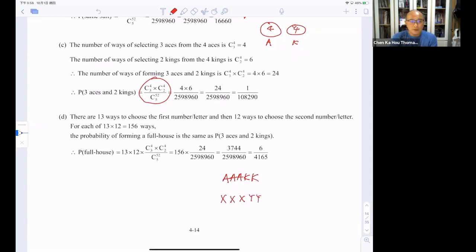There are 13 ways to choose the first number, since there are 13 different numbers or letters, and 12 ways to choose the second. So we multiply this single unit by a factor, and this is the answer for the full house. Then in this example, you use the nCr approach to solve the problem.